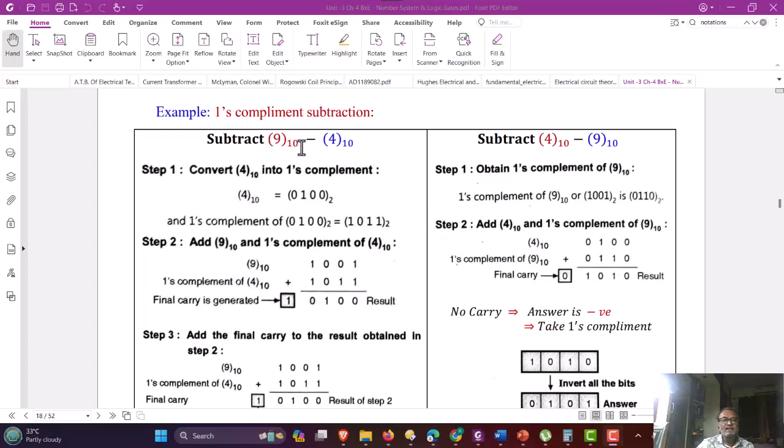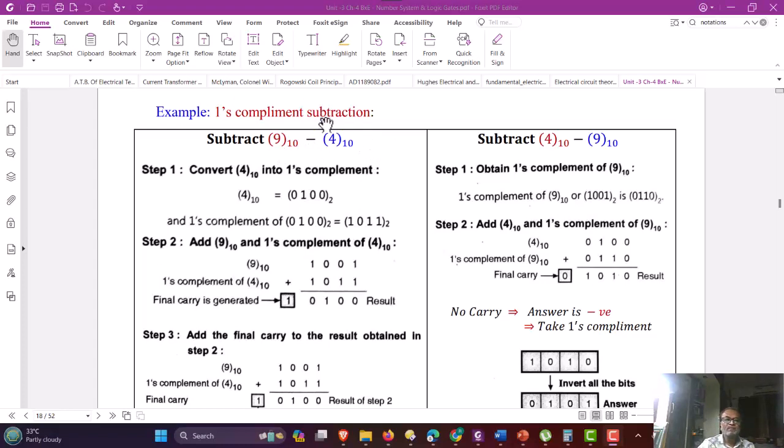Decimal 9, from which decimal 4 is subtracted. This is given in decimal, but we want to perform the subtraction in binary using 1's complement. So first convert the number 9 to its binary representation.